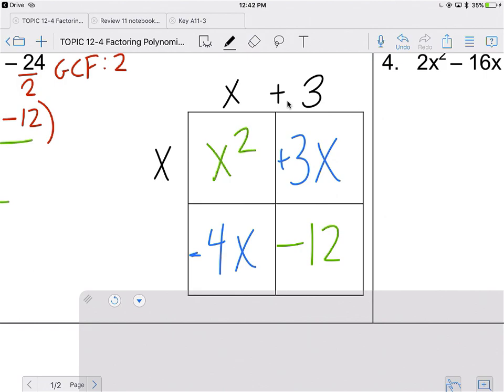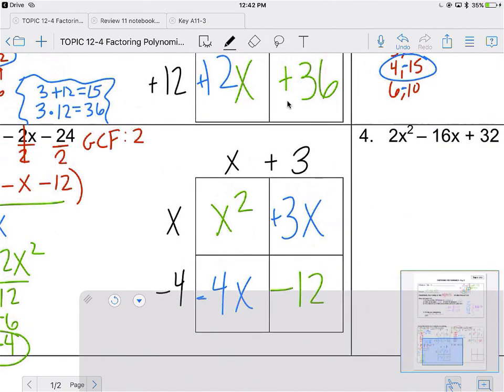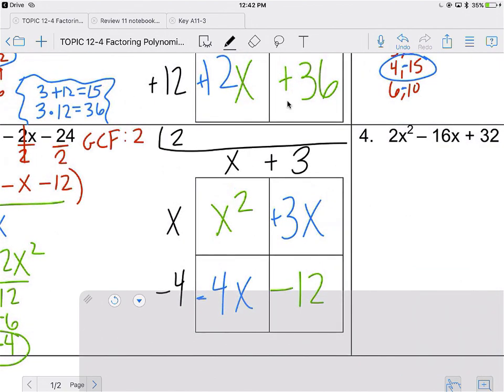Negative 4x and negative 12 share a negative 4. When I write my answer, I put the GCF in front and then put parentheses around my factors so I make sure that I write them correctly. So I have a positive 2 and then x plus 3 and x minus 4 as my factors.